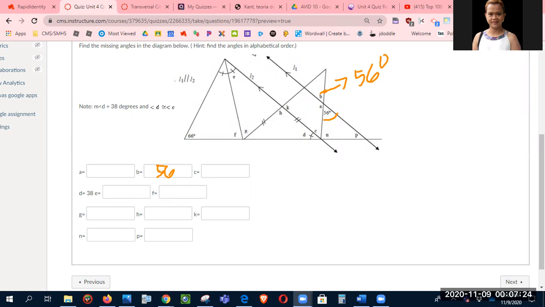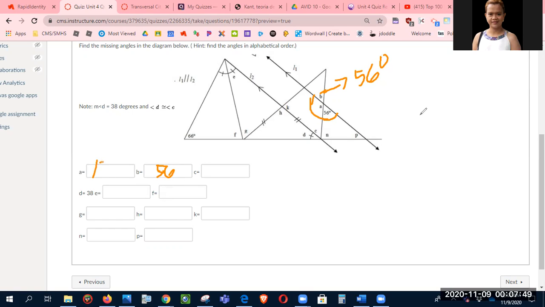Next, if that's 56, then A and 56 are angles that produce a straight line. So I will subtract 180 minus 56, which gives you 124.